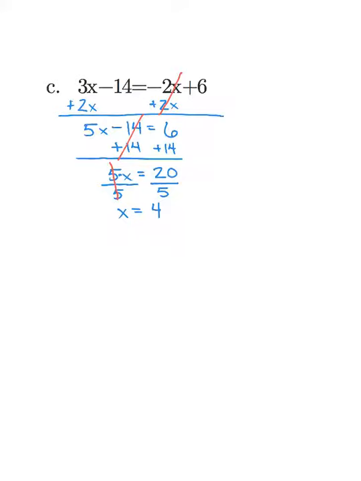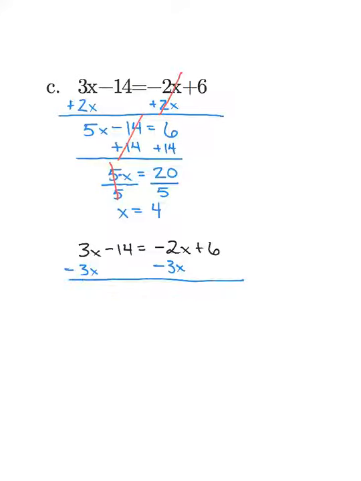And that's your answer. So now, let's redo the problem, just to show you that it does not matter. Starting from the beginning, instead of moving the 2x to the left, I'm going to start by moving the 3x to the right. So in order to get rid of positive 3x, I want to subtract 3x.